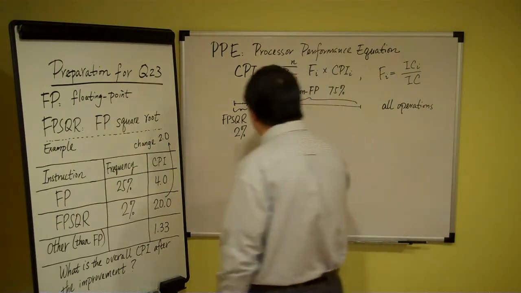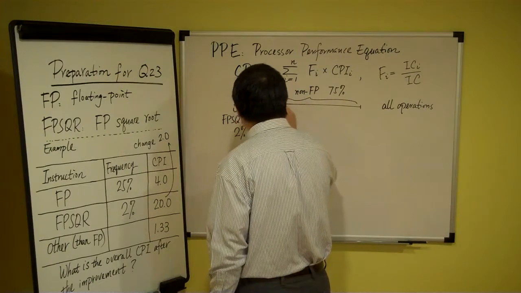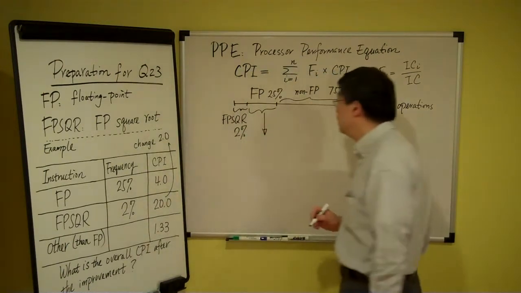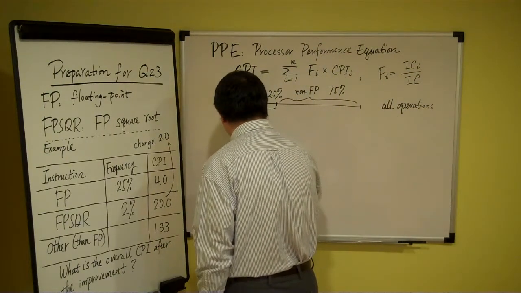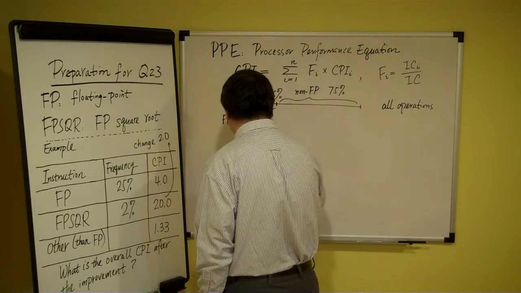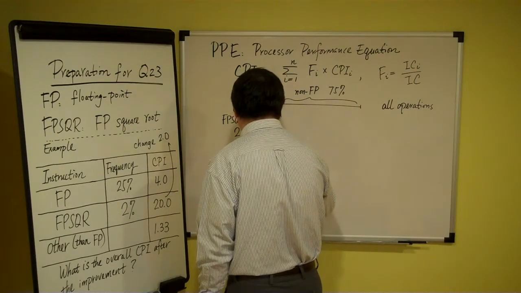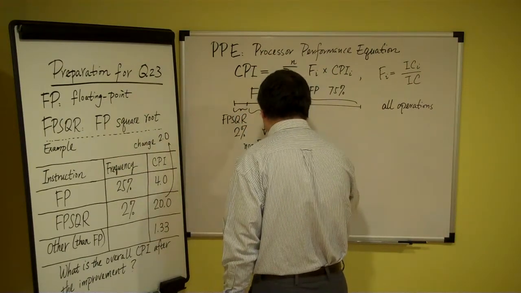Then, inside the floating point, let's look at the remaining part. We have this remaining part. We also give it a notation, so we can call it non-FP-SQR, but inside FP.